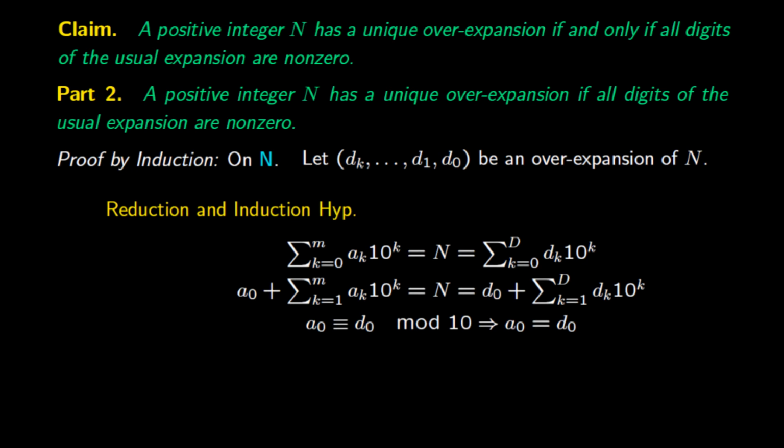Since a0 is positive, the maximum absolute value of d0 minus a0 can be as follows: when a0 is 9 and d0 is 0, or when d0 is 10 and a0 is 1. For both cases, the absolute value is less than or equal to 9. The difference is congruent to 0 mod 10, and 0 is the only number from 0 to 9 that is congruent to 0 mod 10. Hence a0 minus d0 is 0.